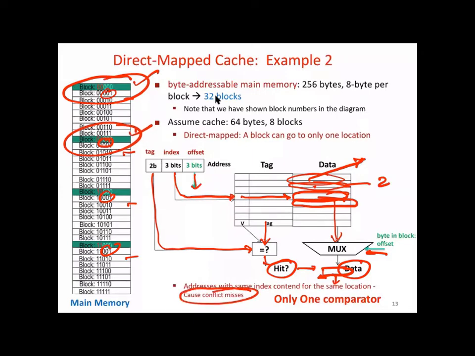So the addresses with the same index, index bits 000 for example, for the first block here. If the third block or fourth block contend for the same location, because all these will contend for the first location here, then there will be conflict misses. Only one of them can be here, right? How to improve on this situation, we'll see.